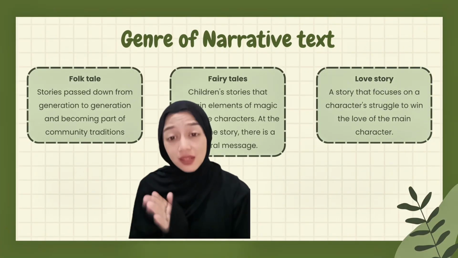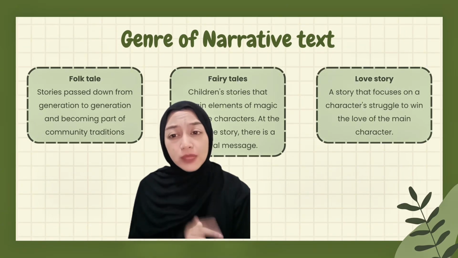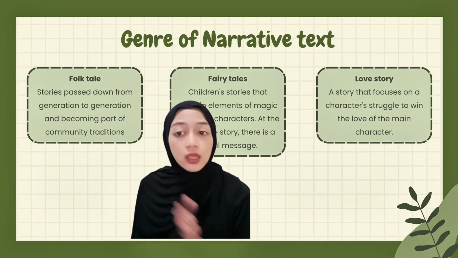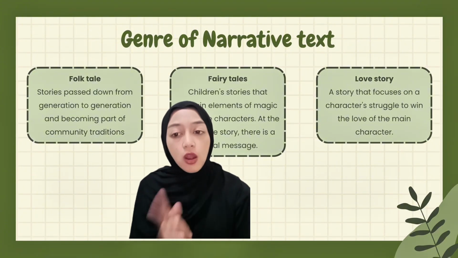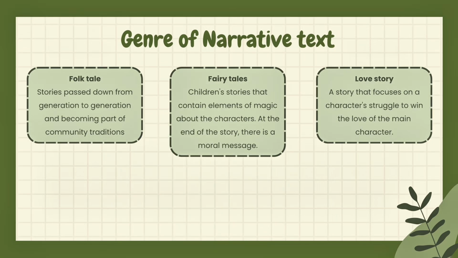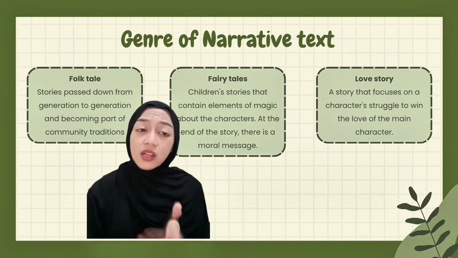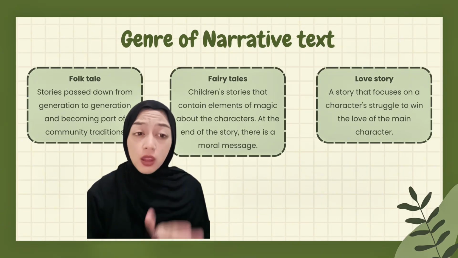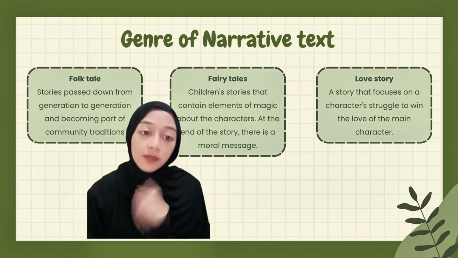The next genre is folk tales. These stories have been passed down from generation to generation and have become part of community tradition. For example, the story of Malin Kundang. Next, fairy tales. These are children's stories that contain elements of magic for things that are impossible for the characters.